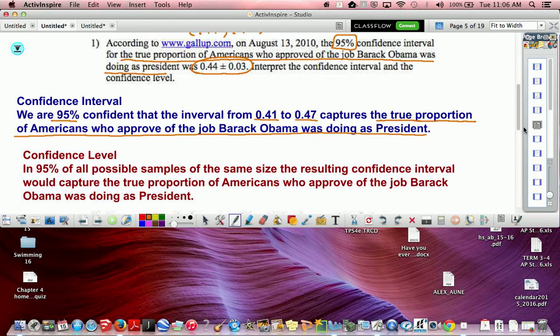So 95%, again, of all possible samples of the same size, the resulting confidence interval is going to capture the true proportion of Americans who approve of the job the president is doing, or the job Barack Obama was doing as president.